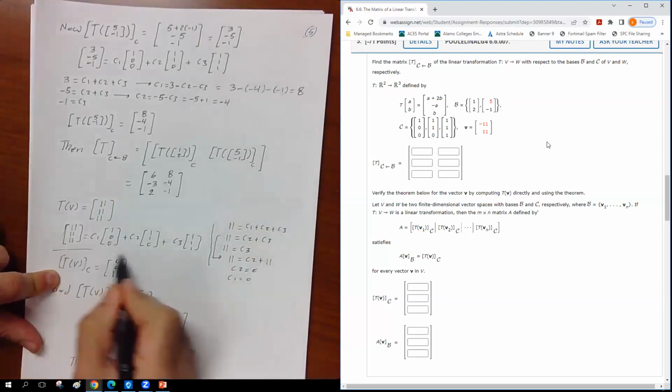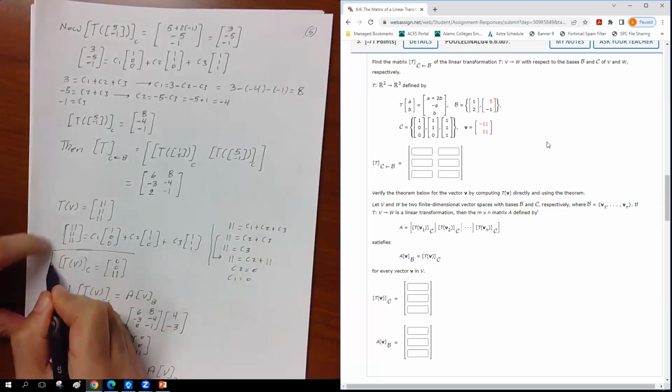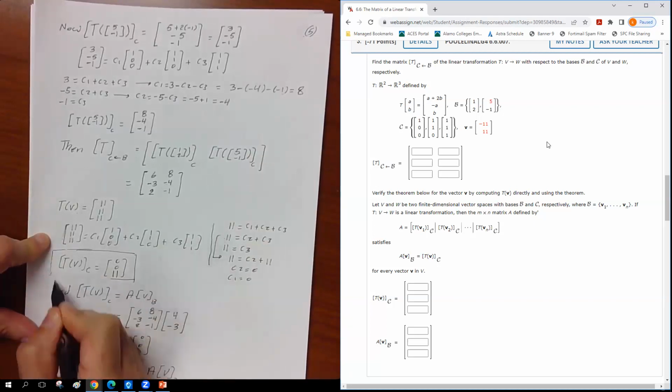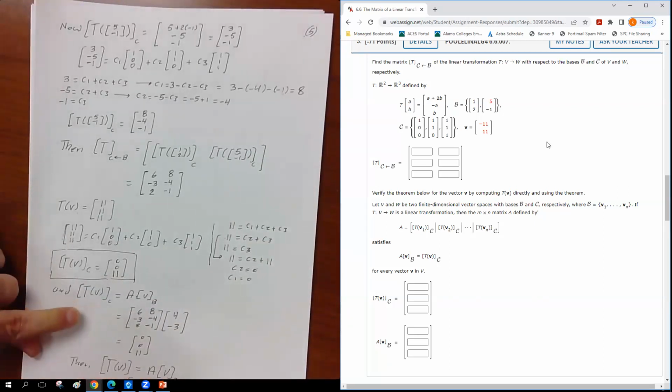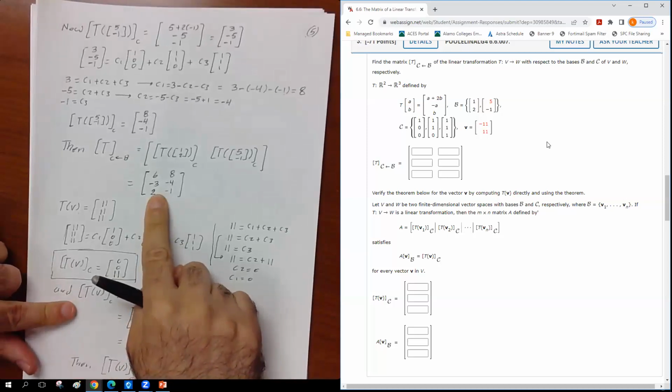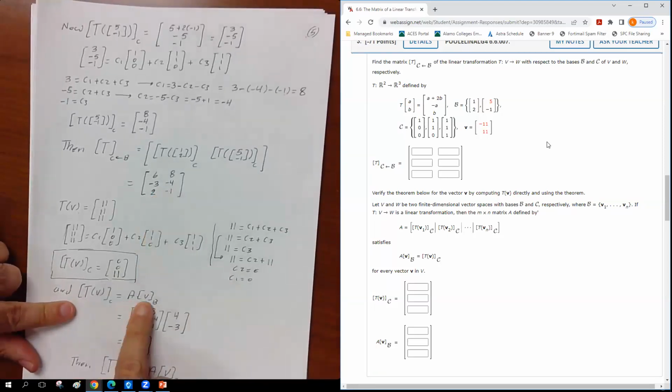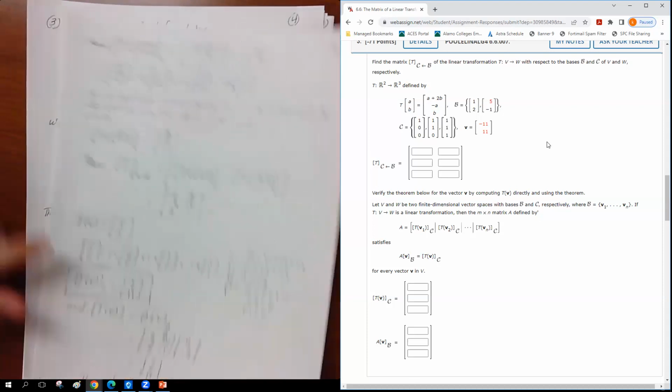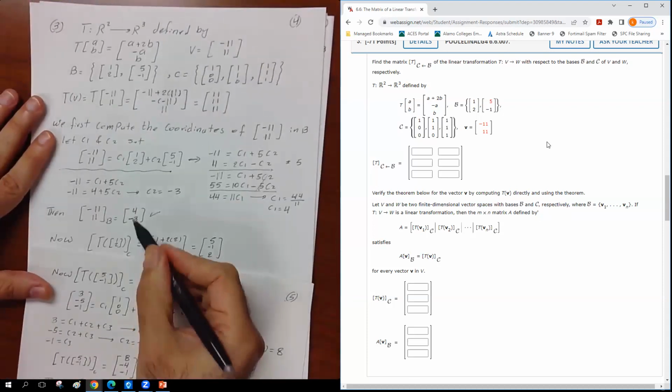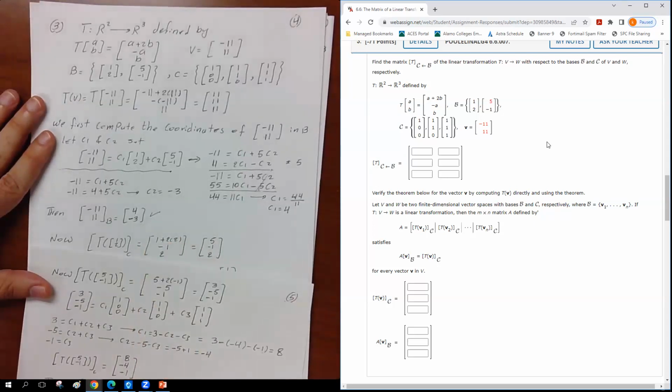So now we need to prove that. Here is the first part of the theorem. Now we need to prove that if I multiply the matrix A by the vector V with respect to the base B, we already found the vector V with respect to the base B, which is (4, -3).